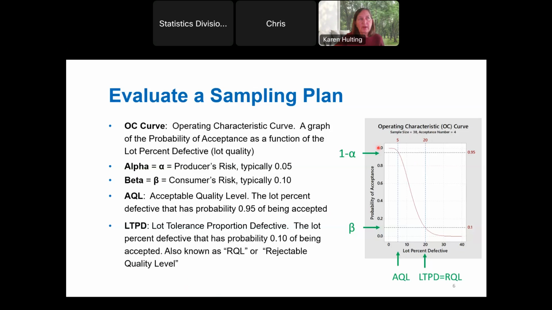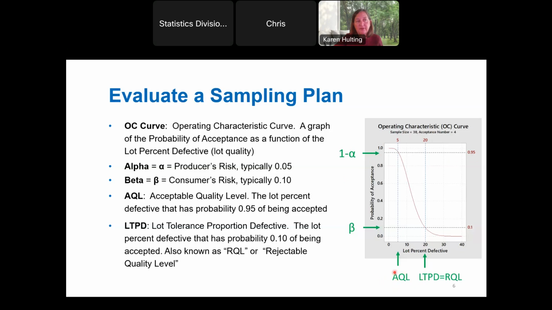And where it shows up on our graph is as 1 minus alpha, or actually the probability that that good quality is accepted. And so we point out here, if alpha is 0.05, then 1 minus alpha is 0.95. And we draw a line across this graph. And we discover that at this point where the OC curve is sitting at 0.95, if we go down to the lot percent defective, that is a very important value on this graph.